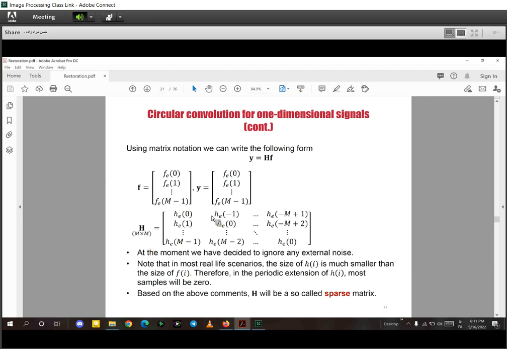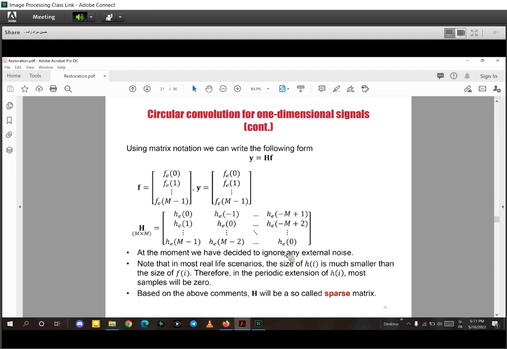And what is h? H is the matrix with entries h minus M plus 1, h1, h0, h1, h2, h minus 1, h3, and so on up to h M minus 1, M minus 2, M minus 3, to h2, h1, h0.